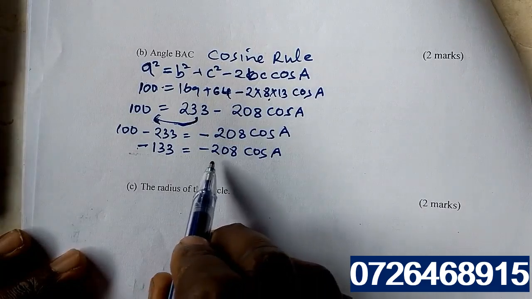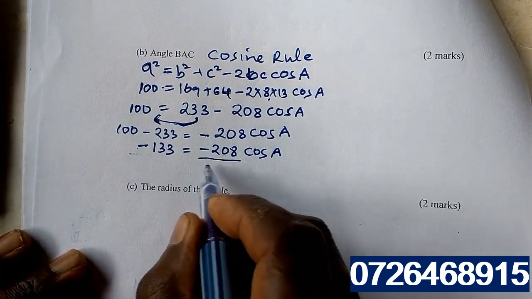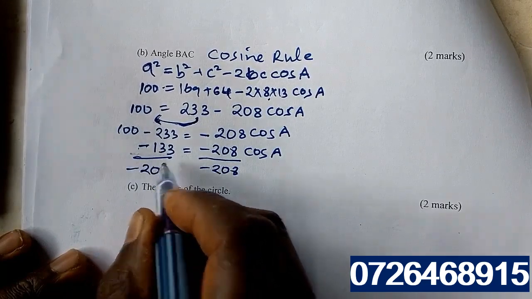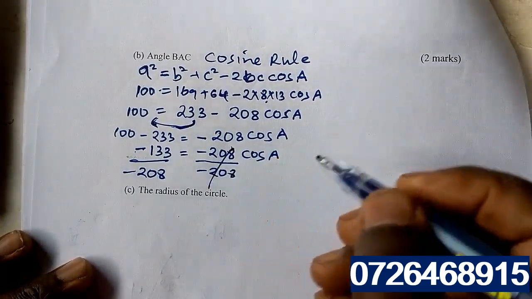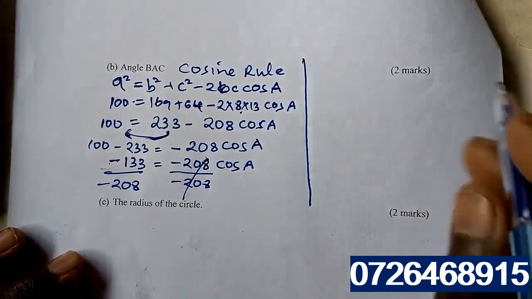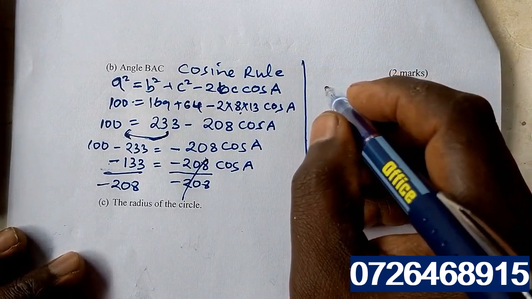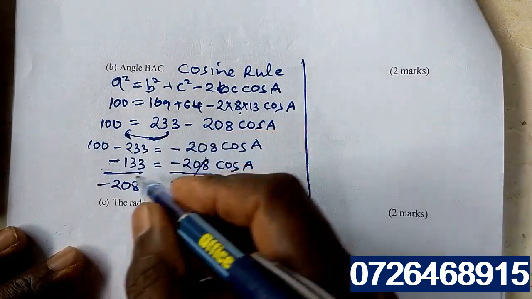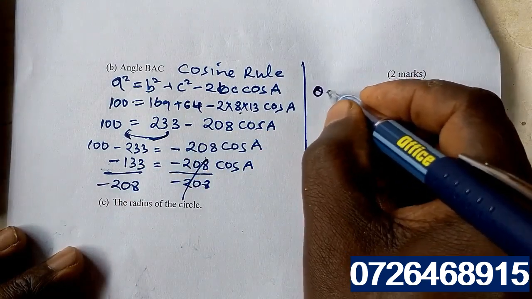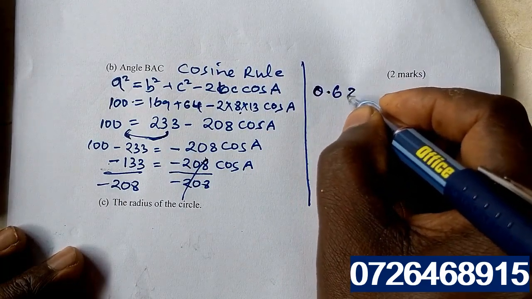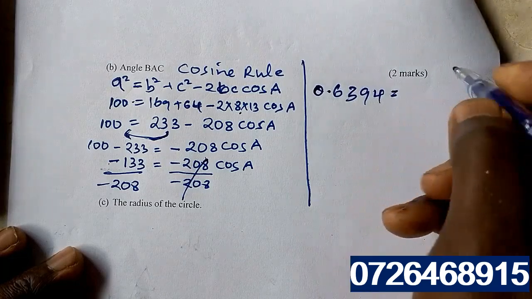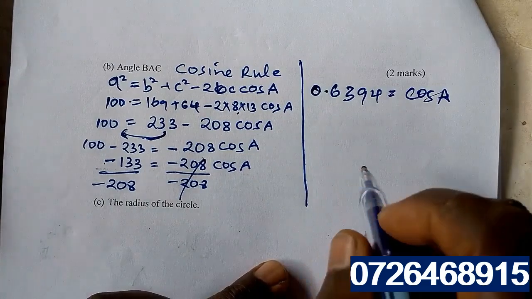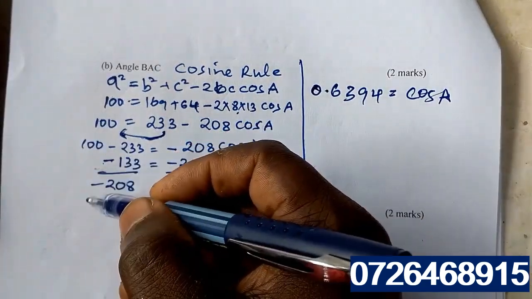We want to remove this number here, so you divide both by negative 208. So this one goes. Now we will have negative and negative will go, so we will have 0.6394 is equal to cos A. Remember, negative divided by negative is positive, you should know.